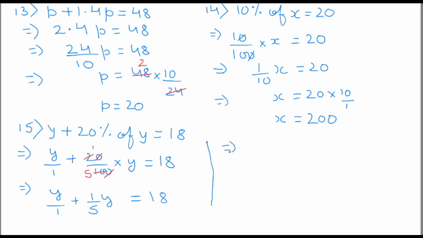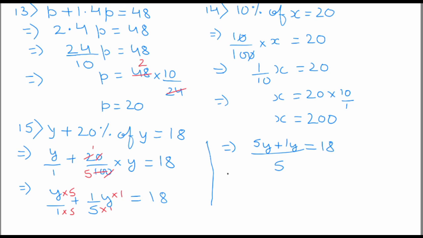Further, I'll write over here. So the LCM of 1 and 5 will be 5. And further, if we see the denominator and numerator, 1 5s are 5 and 5 1s are 5, same thing will multiply in the numerator and we'll get the numerator, that is 5y plus 1y equals 18.